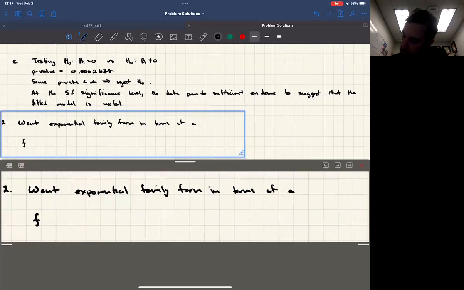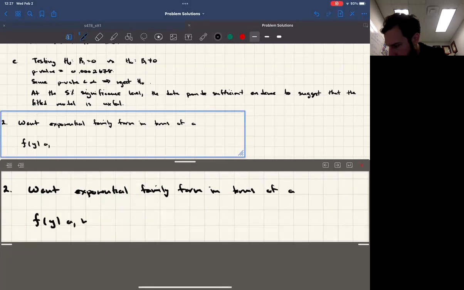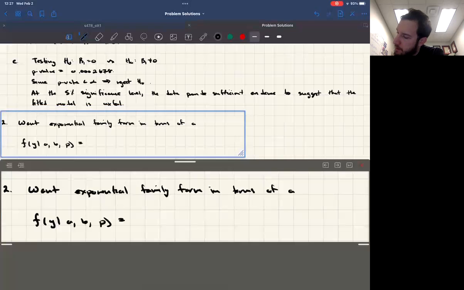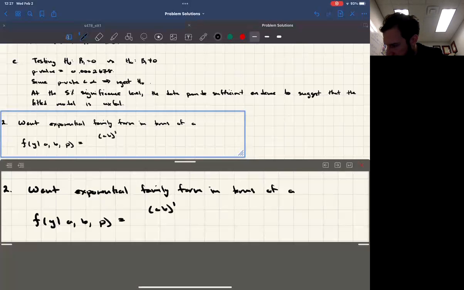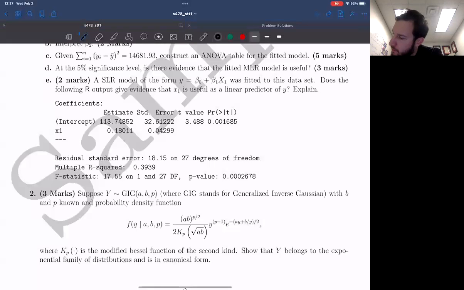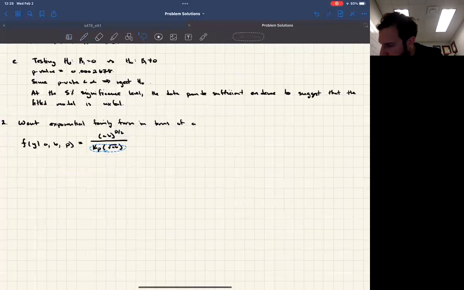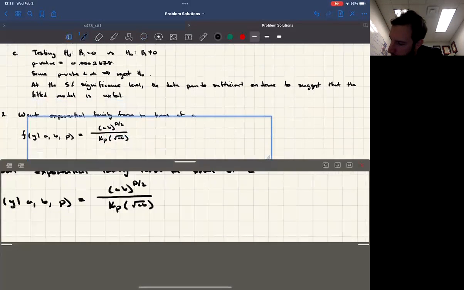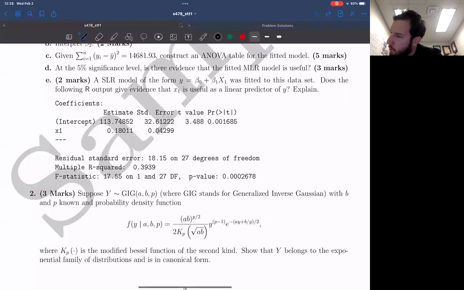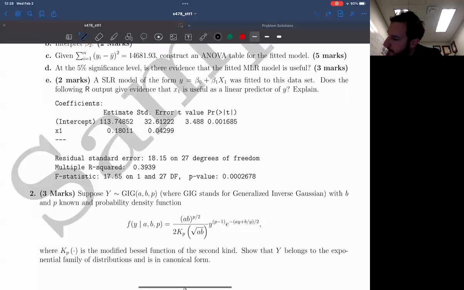So we have f of y given A, B, P equal to (A/B) to the power of P over 2, divided by 2 times K_P of the square root of AB, and then y to the P minus 1, e to the negative (AY plus B over Y) all over 2.